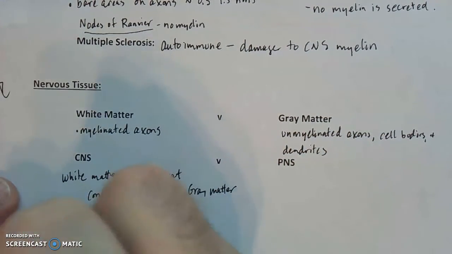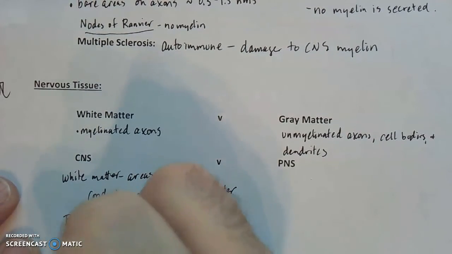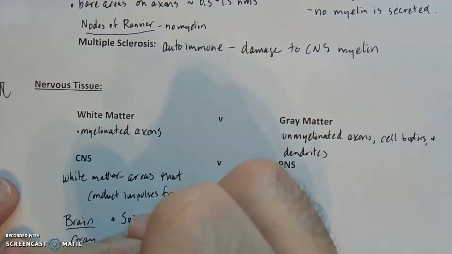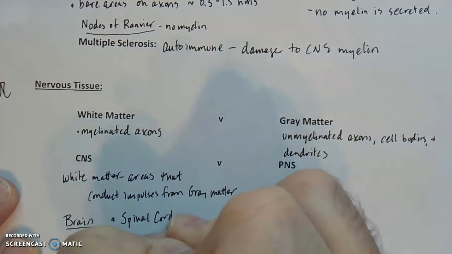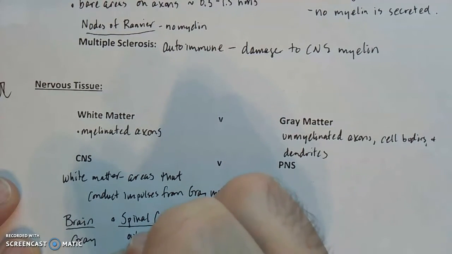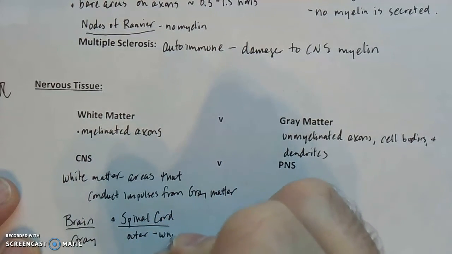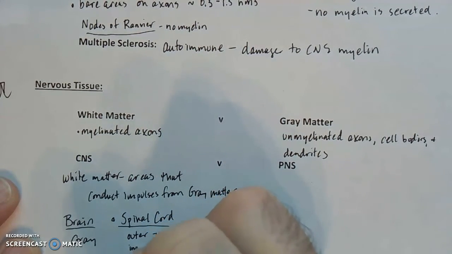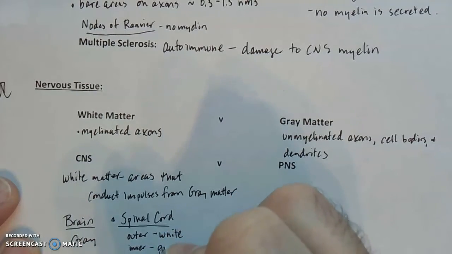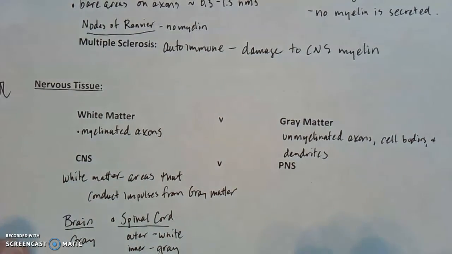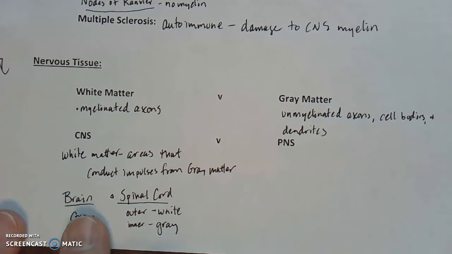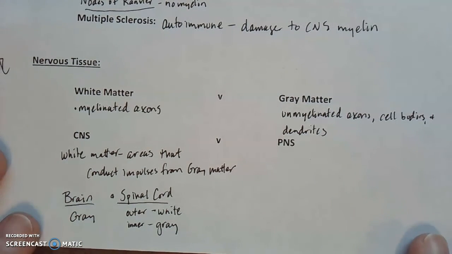So the brain is gray, and the spinal cord has both. The outer area of the spinal cord is white, and the inner is gray. And you can spell gray, G-R-A-Y or G-R-E-Y, depends if you're using the American or British version.